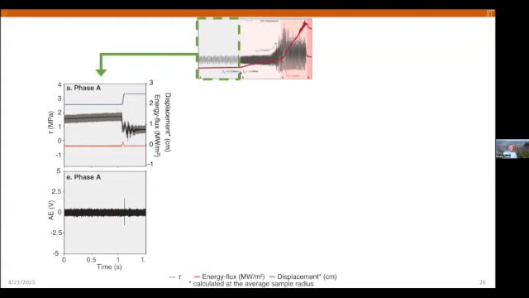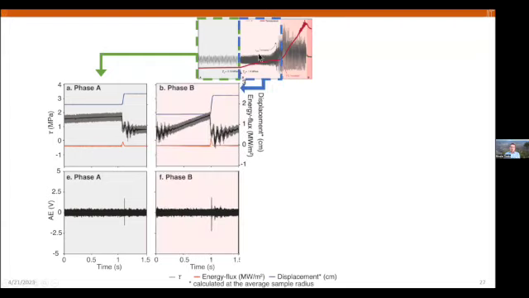Okay, now we look at the different phases, and we see that the energy flux is extremely small for the events in this phase here, in phase A, right? We are way below 0.5 megawatts per meter square. When we get in this part instead, where we increase the speed of loading, we get around 0.5 megawatt per meter square.